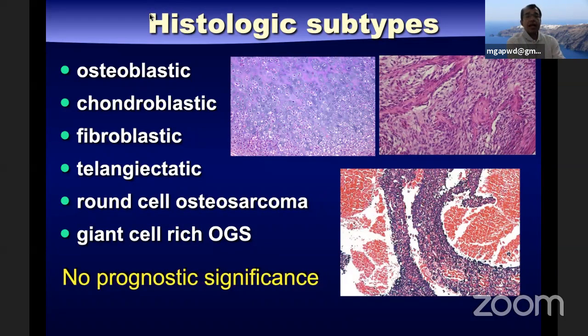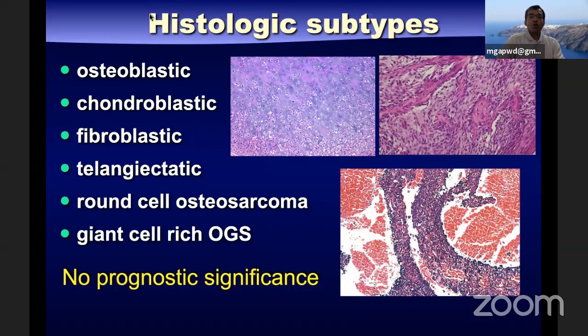Lately, there is another entity which has been recognized called giant cell rich osteosarcoma, which again is something to know. What is important is, though you can give these histological subtypes, these are not important because none of them have been shown to have any different prognosis.